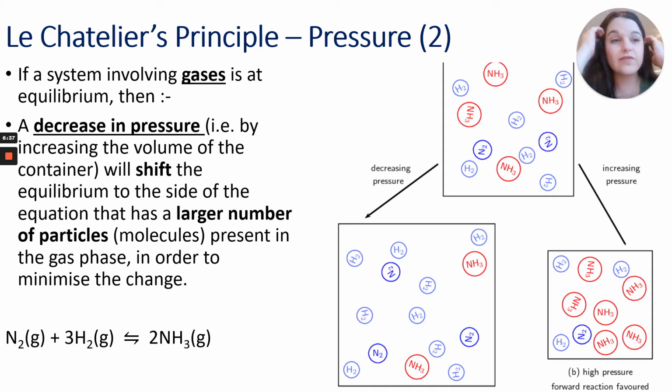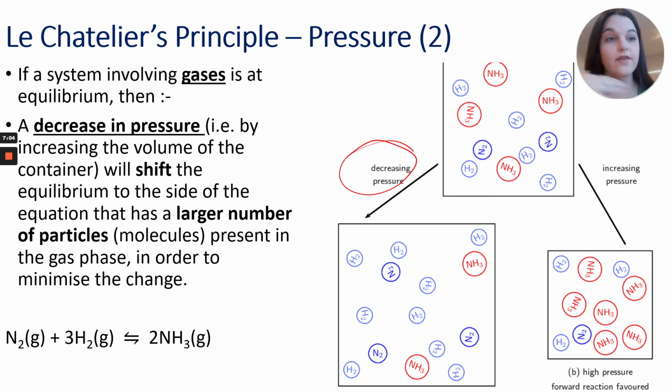Okay, so the alternative to increasing the pressure would obviously be to decrease the pressure, like on this side here. Now the way we can decrease the pressure is to give the reaction more space or greater volume. So if you pull the syringe back, you're increasing the size inside of the syringe. Or if you stop squeezing the balloon, it's going to have more space to move around.